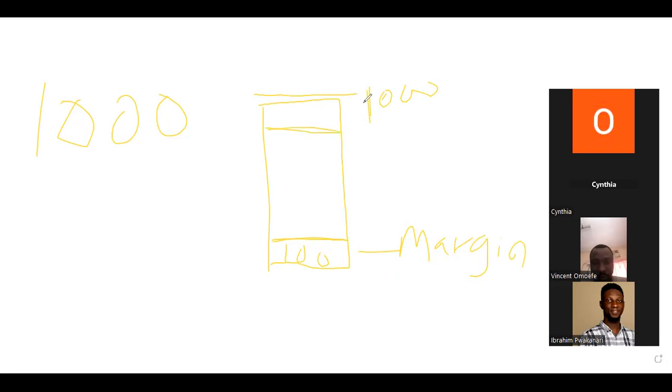Now, let's say right now I lose 200. Minus 200. Now, before I continue, if you do this calculation, what will be the equity right now?